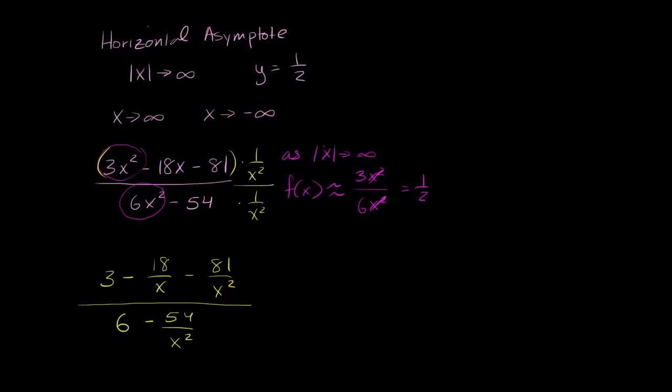If you want to think of limits as something approaches infinity, so if you want to say the limit as x approaches infinity here, what's going to happen? Well, this and that are going to approach 0, so you're going to approach 3/6 or 1/2. Now, if you said as x approaches negative infinity, it would be the same thing. This and this approach 0, and once again, you approach 1/2. So that's the horizontal asymptote. Y is equal to 1/2.